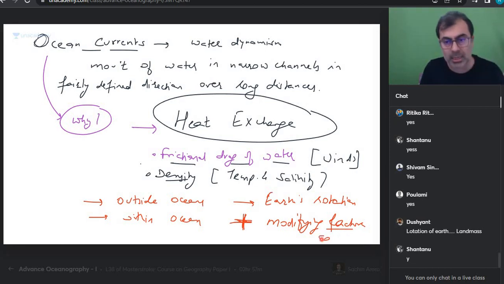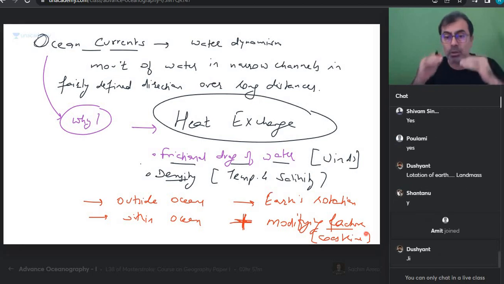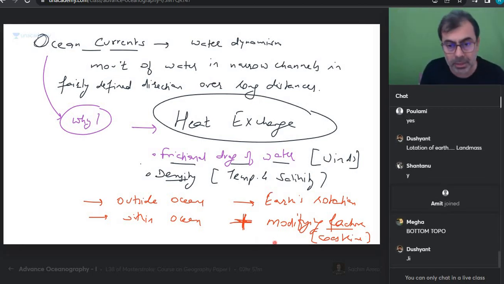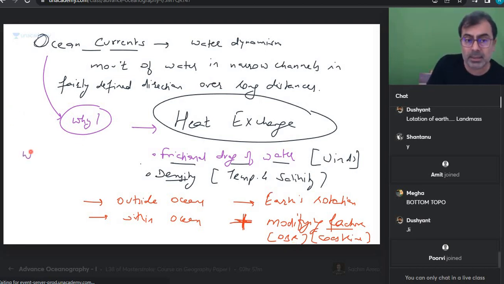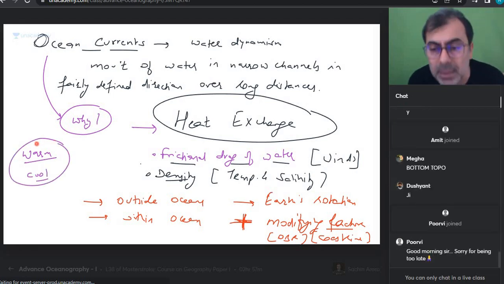These factors were coastline, shape of coastline for surface feature, and ocean bottom relief for deep sea currents. Absolutely right, Mega, very good. Ocean bottom relief. And I think I had devoted fairly good amount of time to this, and most of you remember. But take a recap. Five minutes we were talking about ocean currents. Is everyone okay? So ocean currents, we also classified them as warm currents, and we also classified them as cool currents. Warm currents and cool currents.